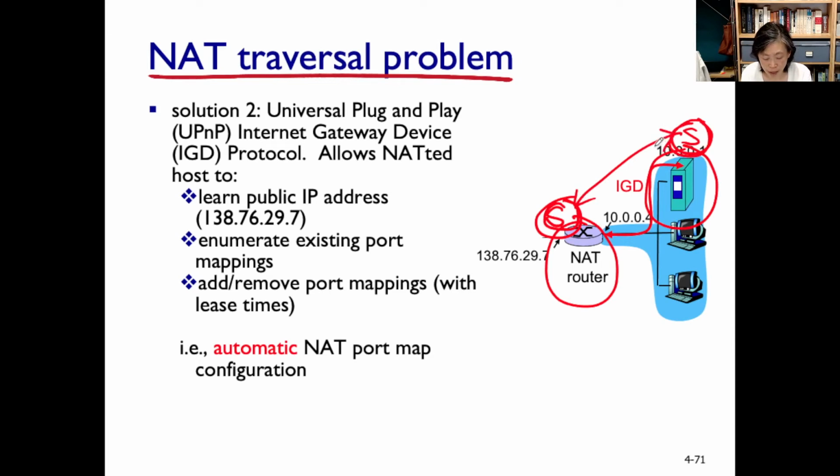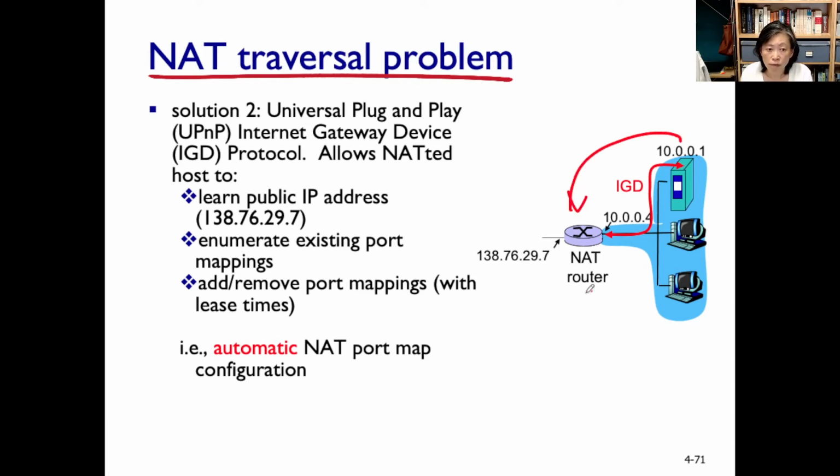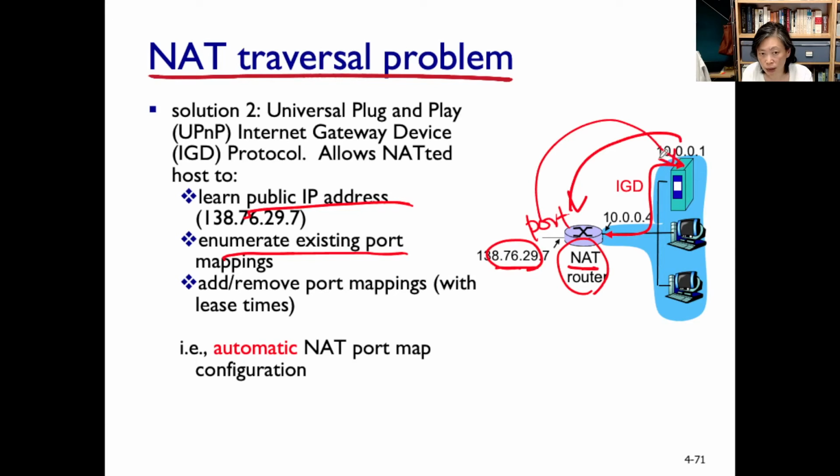Through the exchange, the server side sends a message to discover the NAT box. The NAT box, after being discovered, sends back the global IP address configured to the NAT box. The NAT box will enumerate the port numbers that have already been assigned and find the next free port number. Such a global IP address and a free port number will be sent back to the server box.